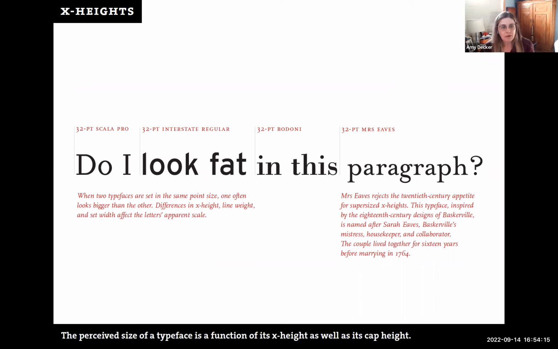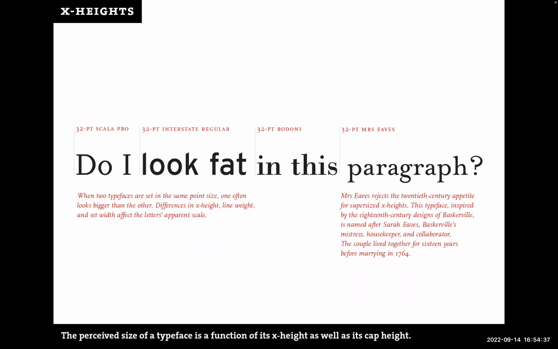So looking at this example, they're all 32-point, but clearly we don't measure type by X height. X height is not how we measure type. Who can tell me what X height is again? What does that mean?